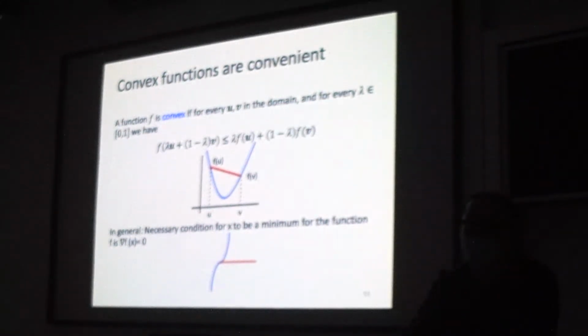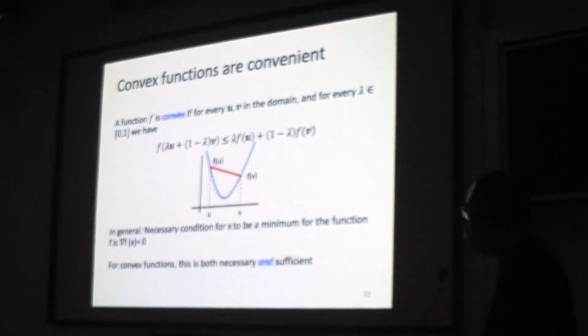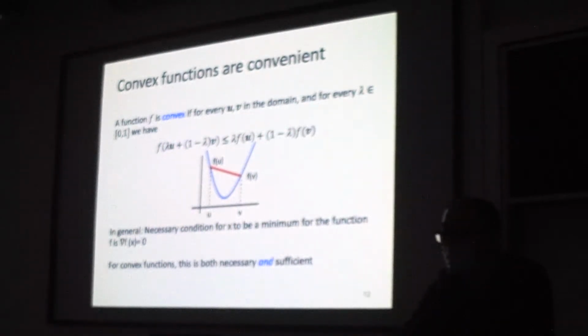It might be neither a maximum nor a minimum. However, for convex functions, you don't need to worry about that. If you can find a point whose gradient is 0, it corresponds to the global minimum.